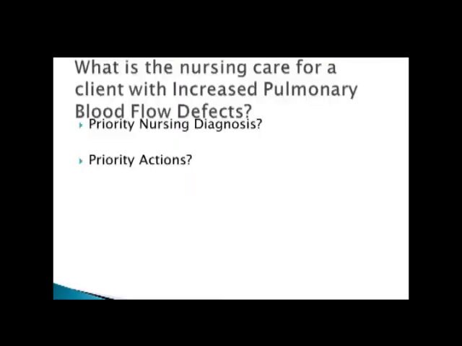So the question about all this is, what would you do? What is your nursing care for a client that has increased pulmonary blood flow? What would be some of the things that you would think about would be care? Some of the priority nursing diagnoses and the priority actions. I want you all to be thinking about that and try to come up with some answers for class. What are some nursing diagnoses if a child has increased pulmonary blood flow and possibly congestive heart failure? What would be some interventions that you think would be appropriate based on some nursing diagnoses?